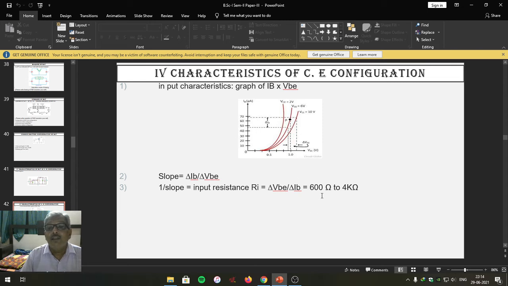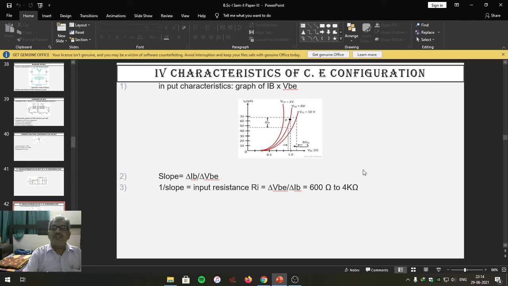Generally, input resistance lies between 600 ohm to 4 kilo ohm for common emitter configuration. Friends, this is the explanation of input IV characteristics of BJT in common emitter configuration.